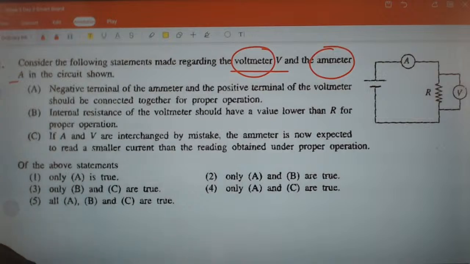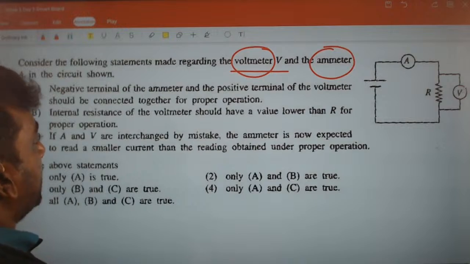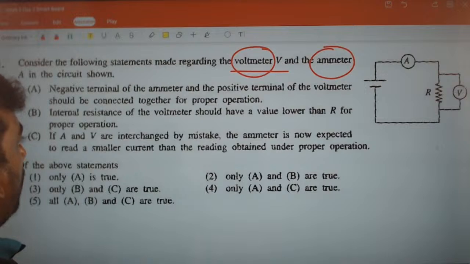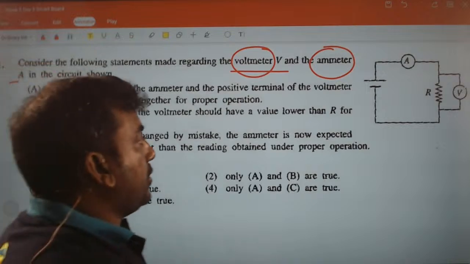A negative terminal of the ammeter and the positive terminal of the voltmeter should be connected together for proper operation. Negative terminal and positive terminal should be connected. Right. Let's see.